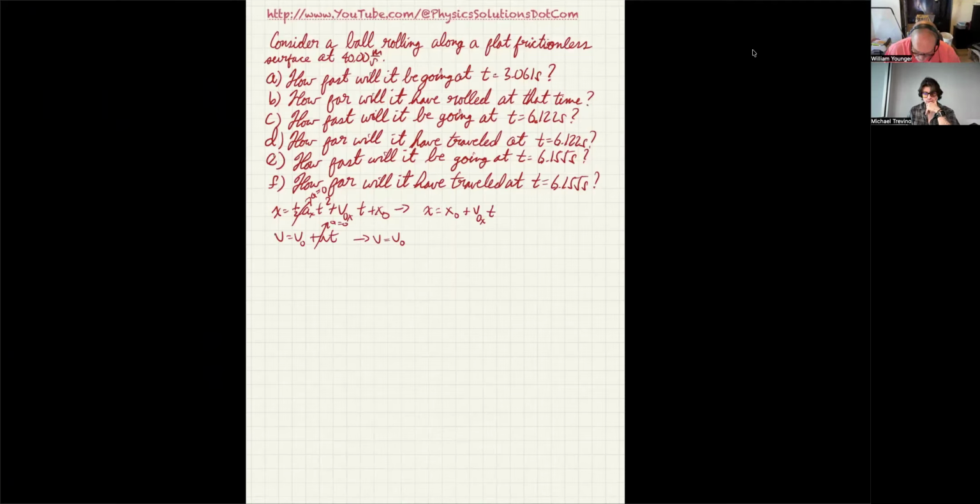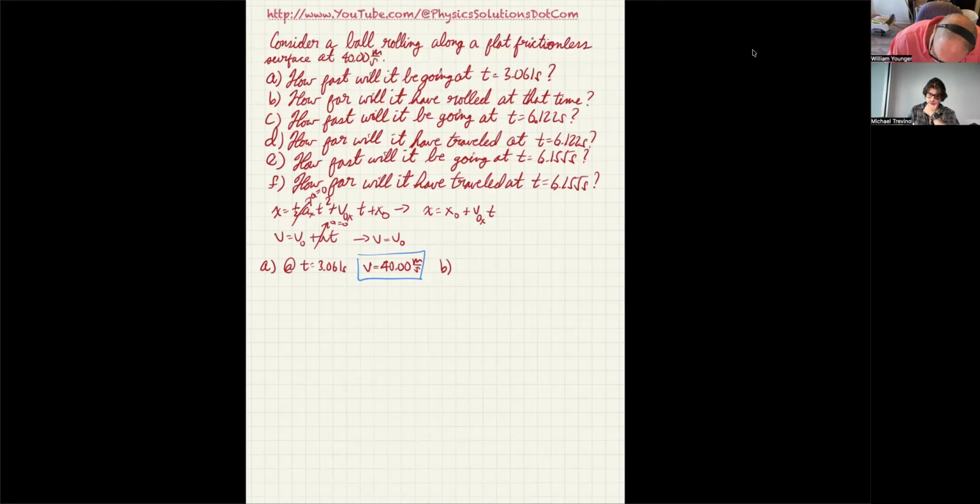Okay? So, with that in mind, I say part A, how fast will it be going at t equals 3.061 seconds? At t equals 3.061 seconds, v equals 40.00 meters per second. That's the answer. Oops, I meant to write that in a different color. Part B, it says how far will it have rolled at that time?